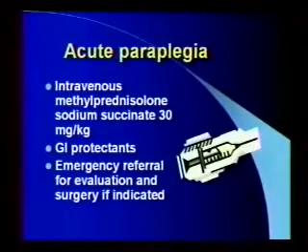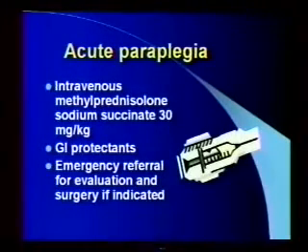So the bottom line, if you have an animal that comes in with acute paraplegia, and if people want to do every single thing possible, you give them 30 milligrams per kilogram of methylprednisolone sodium succinate. Solu-Medrol is one trade name for it.